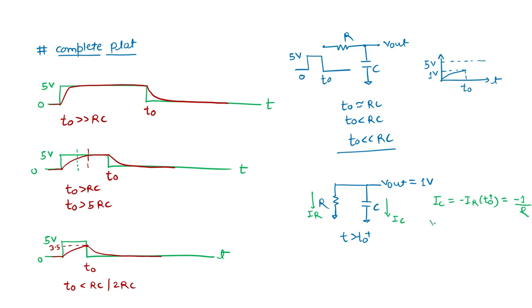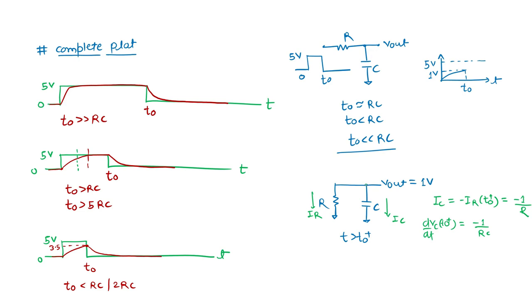For the voltage, the slope del VC by del T at this T naught plus instant will be minus 1 by RC.